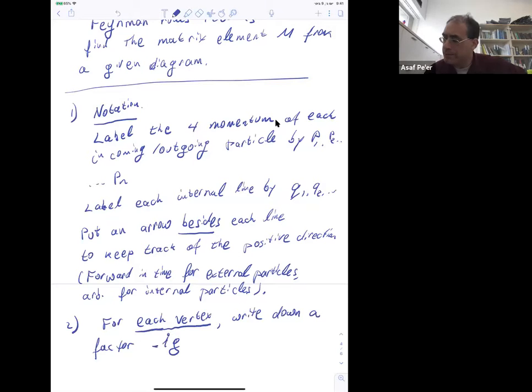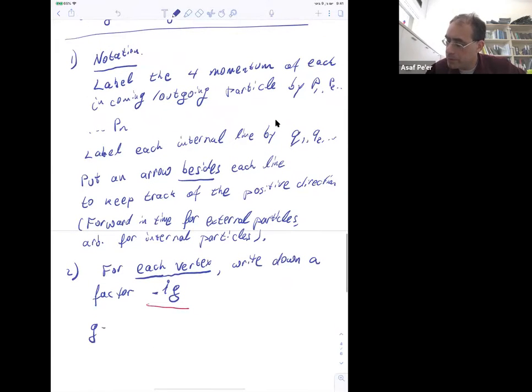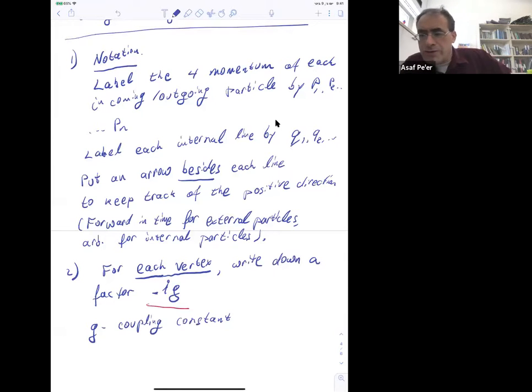G is the coupling constant. That specifies the strength of the interaction. Generally, G would include the charge of the particles, but here there are no charges, so we just ignore it and put it as 1.